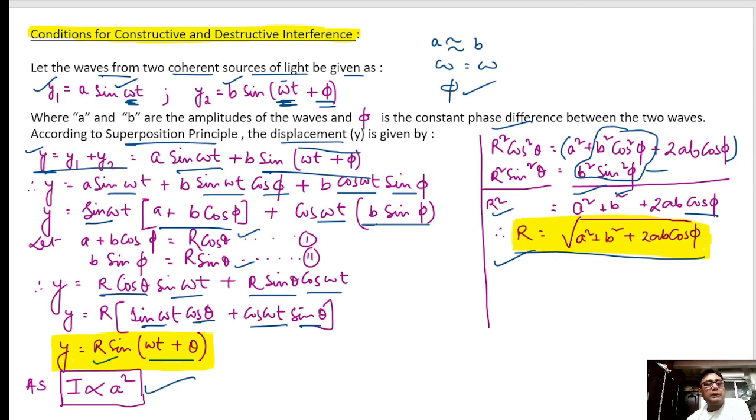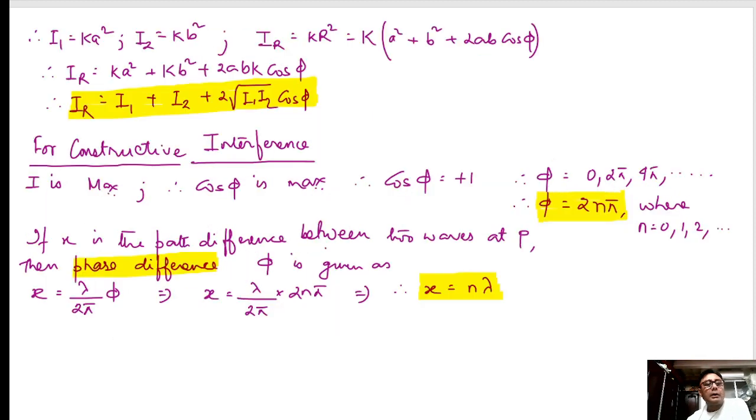So that means the intensity of the first wave is this, and of the second wave is this, because the amplitude of the first wave is A and the amplitude of the second wave is B. The intensity of the resultant wave will be K into R square, which will be this.